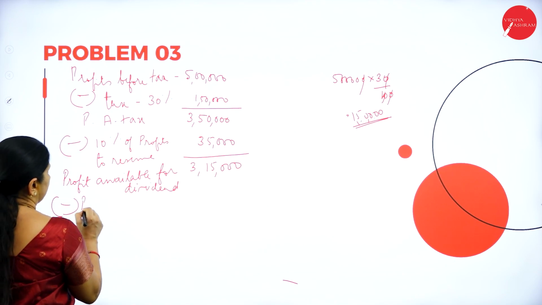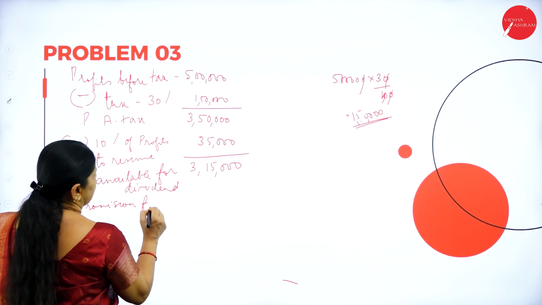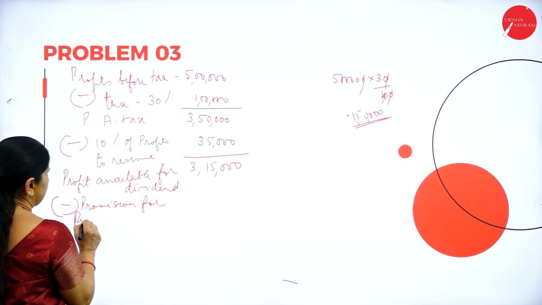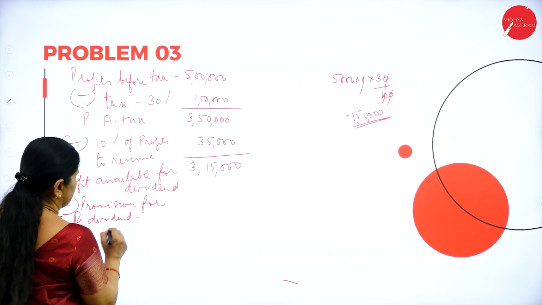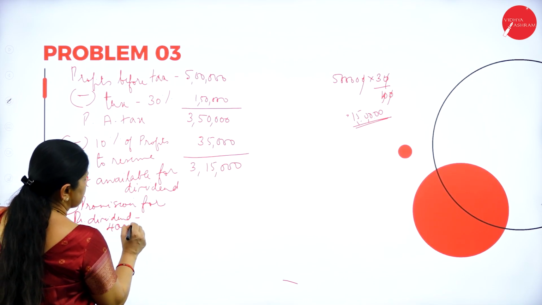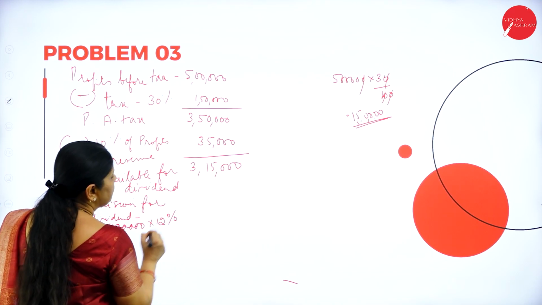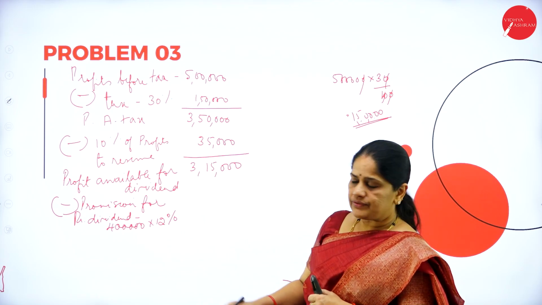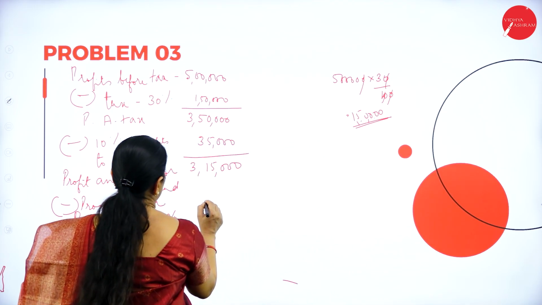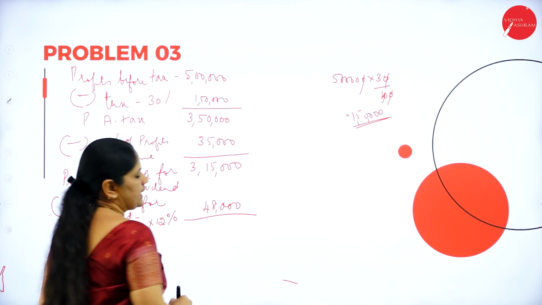Now, from this we will deduct the preference dividend, less provision for preference dividend. That is, 4 lakhs into 12%. So we have the 12% on 4 lakhs, that will be 48,000. So we deduct this.